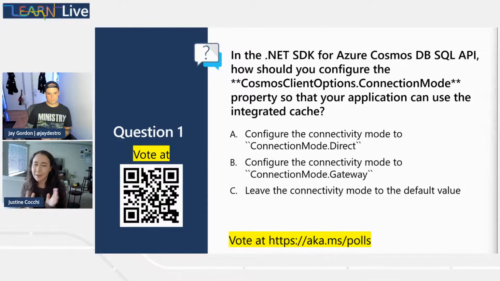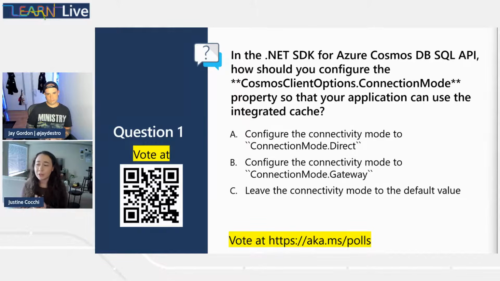I know that we need our gateway to use the integrated cache. So I'm not sure about A. I think, probably not A. If we look at B, configure the connectivity mode to ConnectionMode.Gateway, that does sound like something we might want to do, right? This is running on the dedicated gateway, so maybe it's B. But before we decide, let's also think about C. So leaving the connectivity mode to the default value.